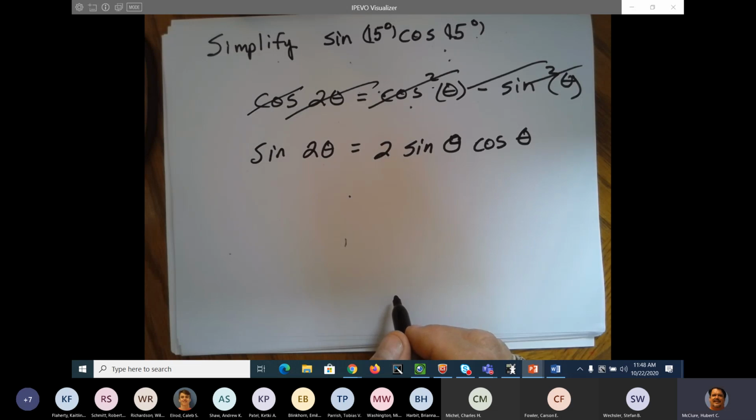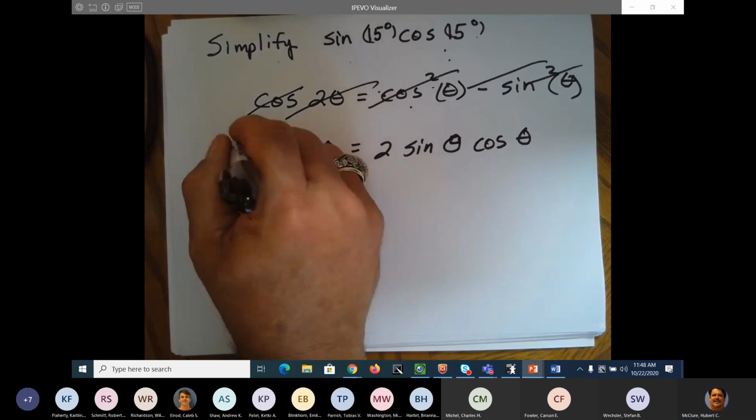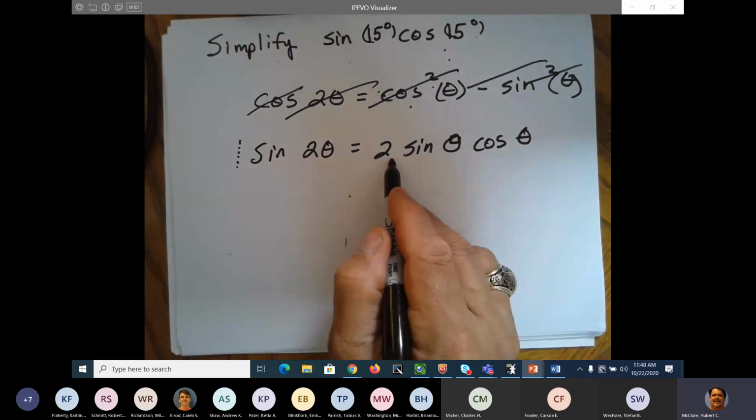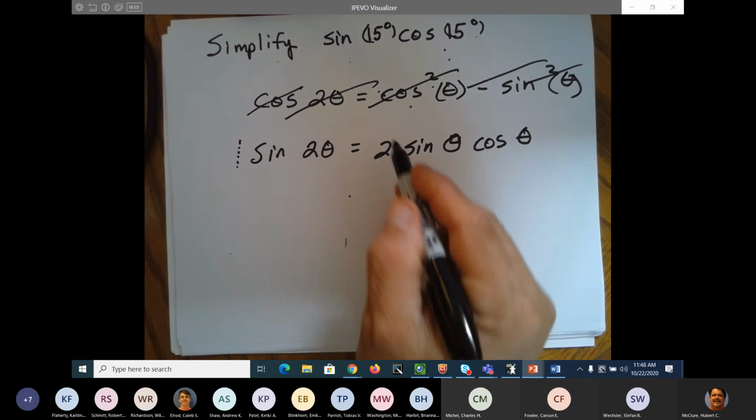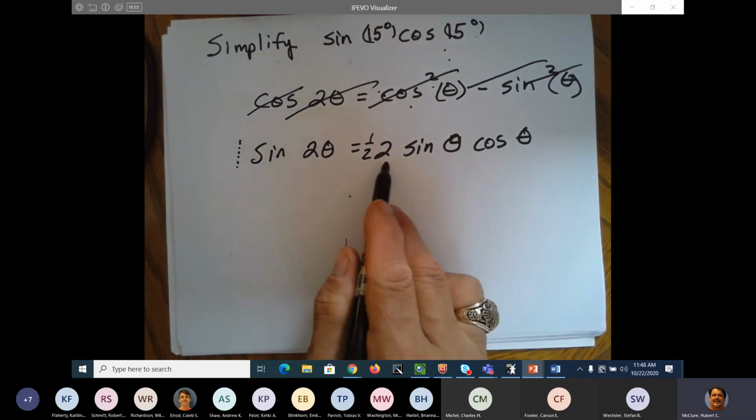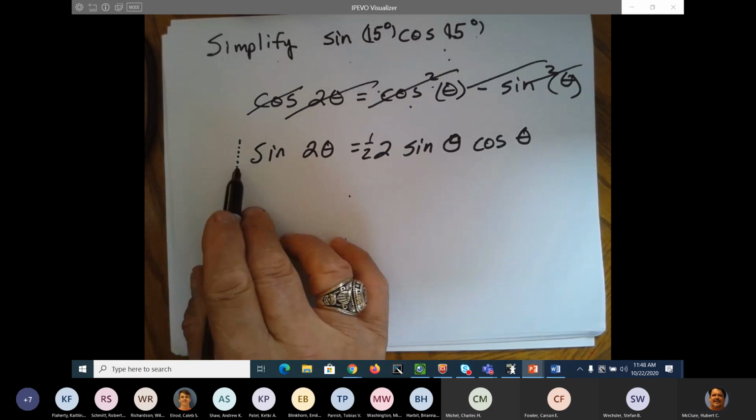Now, the only problem with this is that this is a 1 right here, and we've got a 2 right here. So we've got to get rid of that 2. And the way that we do that is we rewrite it with 1/2. And that 1/2 times that 2 will give us that 1.